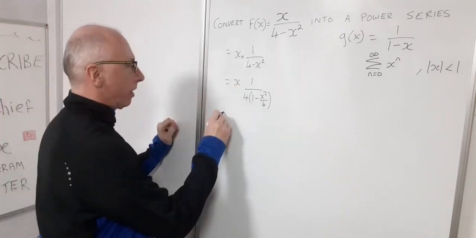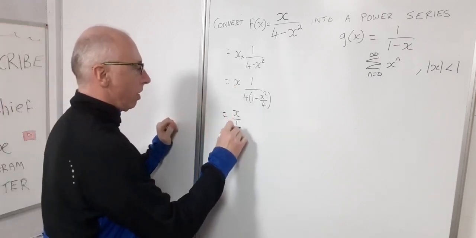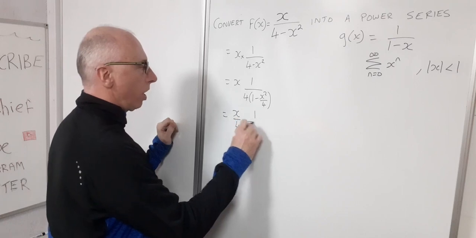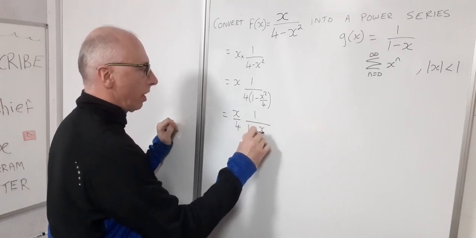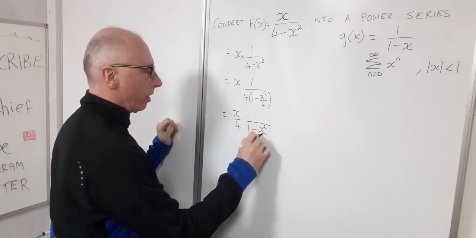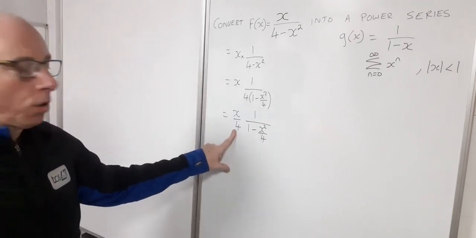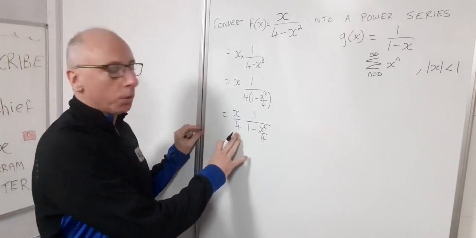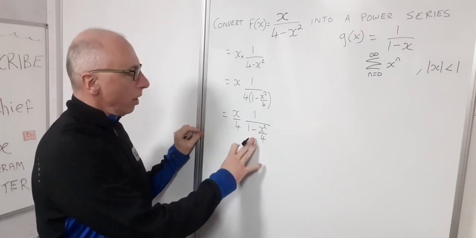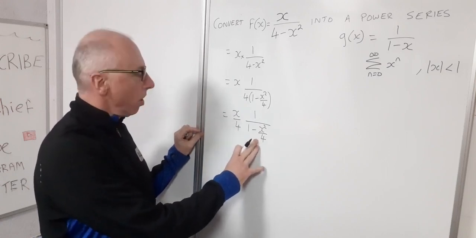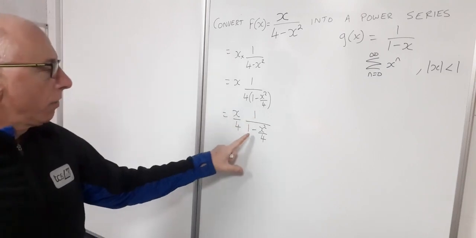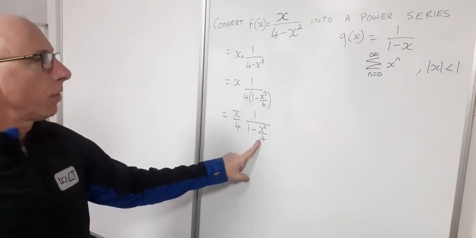So let's do that. So then we've got x over 4 times 1 over 1 minus x squared over 4. Now this x over 4 we've taken out. We can add that into our calculations later, but for now we want to concentrate on this: 1 over 1 minus x squared over 4.